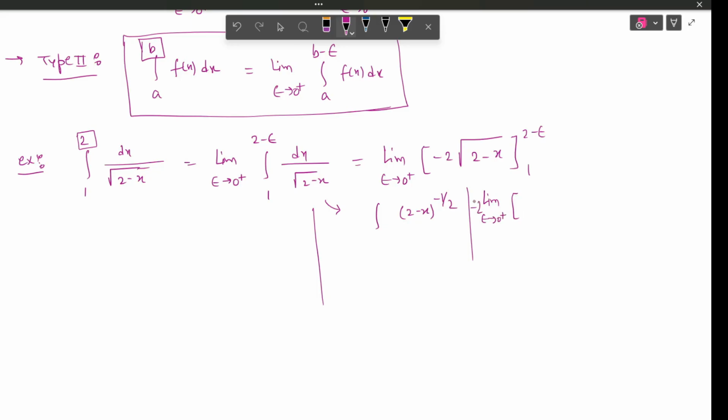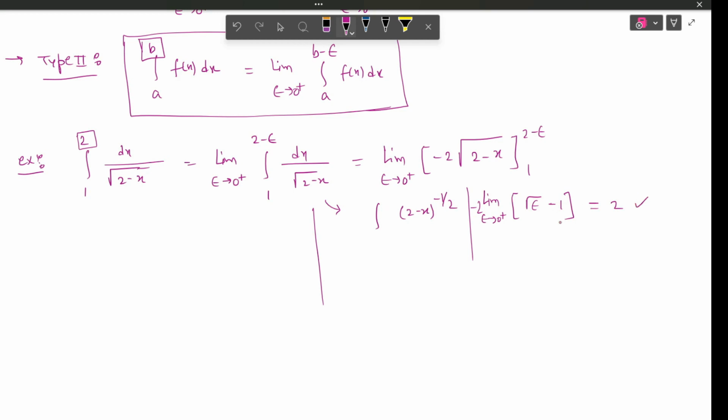If you take minus 2 outside, it will be 2 minus of 2 minus epsilon, so that is minus minus plus, it will be epsilon. And if you put 1 here, you will get 2 minus 1 is 1, so you will get minus 1. Now if epsilon tends to 0 plus, this would be 0, and minus 2 into minus 1 is plus 2.